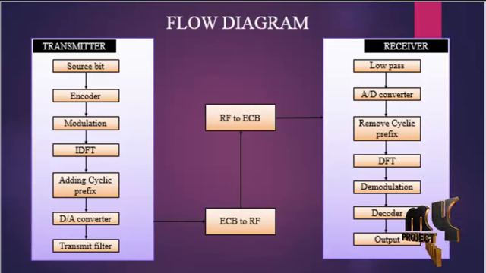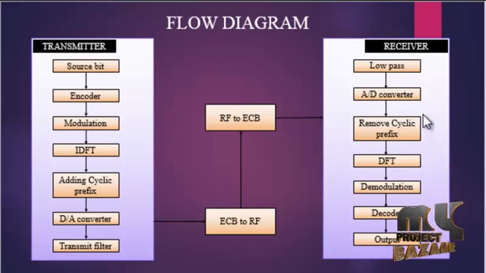ECB is equivalent complex baseband to RF, and RF to ECB. Then it is given to a low pass filter. Then we perform A to D conversion, which performs the reverse operation of the function. On the receiver side we have the reverse functions of the transmitter side.